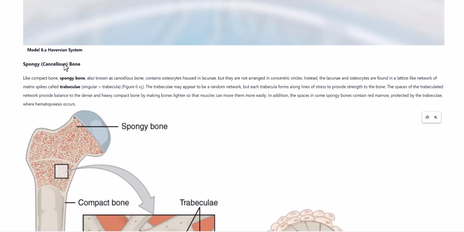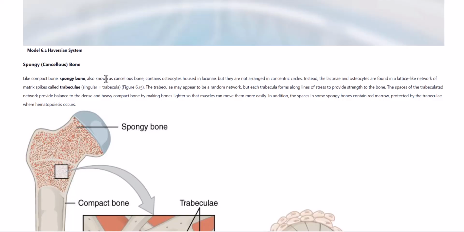Now, we are not going to deal with the specifics of spongy bone. I want you to know that spongy bone is also called cancellous bone, and it certainly still has osteocytes, but we don't see the osteons. It's just a different looking structure called trabeculae.